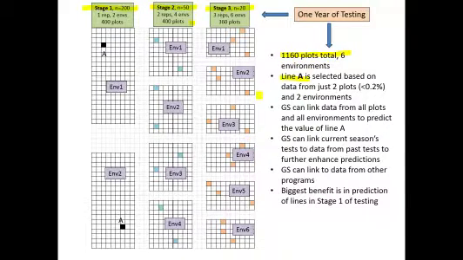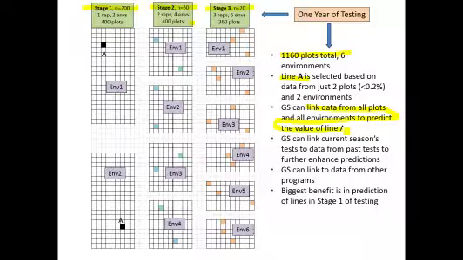What genomic selection can do is link data from all your plots and all environments to predict the value of line A. In other words, data from all 1,160 plots over multiple environments can now be used to help you predict the value of line A. And that might give you more robust selections than using just the phenotype data from stage 1 alone.